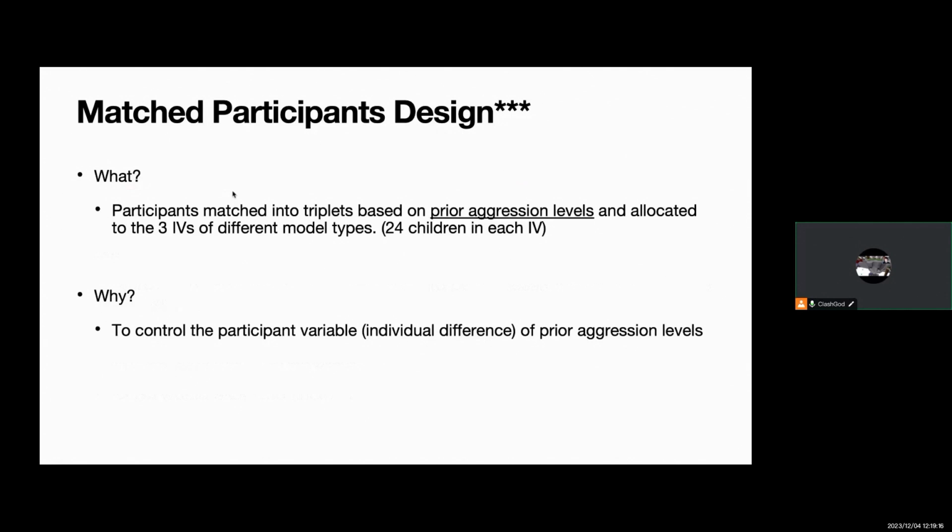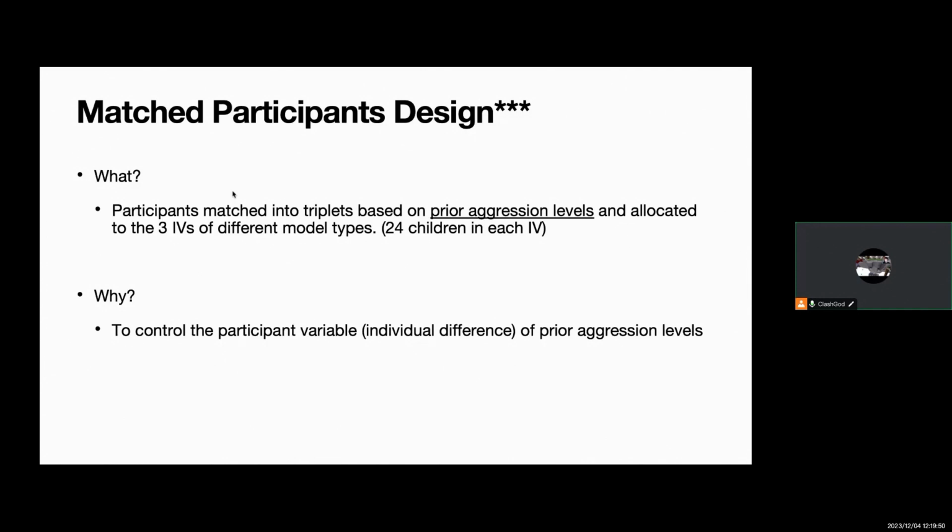So as we know, we need to control the prior aggression levels of the children, right? And in order to do that, in order to make sure that for each experimental condition the children have similar levels of prior aggression, we use this matched triplets design to match the children into triplets. So 3 people in one group. We match the 72 children, or the 36 boys, 36 girls, into 12 groups of 3s, right?